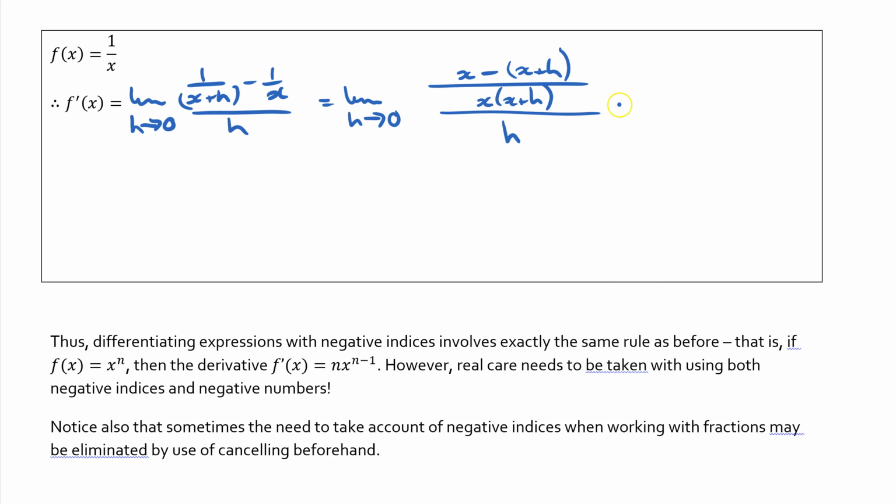So when we look at this, it takes longer to write to do anything else. Our top line here is x minus x, so that's gone, and minus h over x times x plus h, that's all over h.